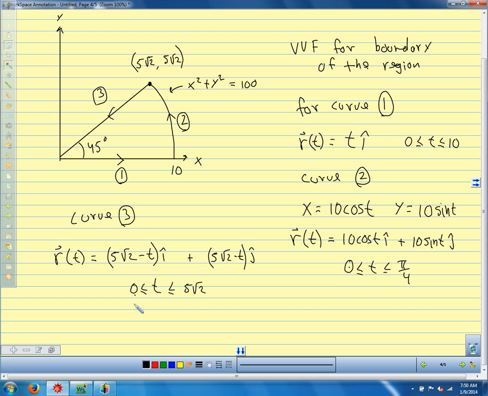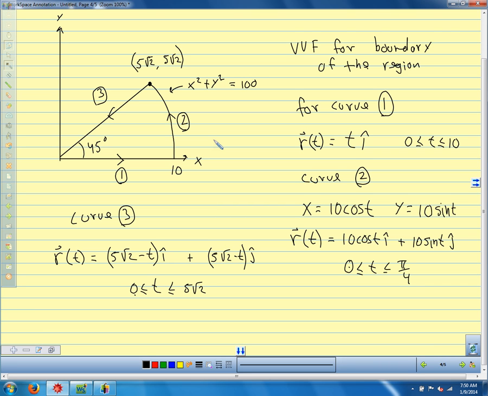Now this isn't the only way that we could do it. There are other ways we could parameterize these curves and come up with the same thing. So this is just the first idea that I came up with. So when we have some kind of boundary, some kind of curve that we want to represent as a vector valued function, pick your easiest parameterization, and just make sure that your parameterization takes you where you want to be.